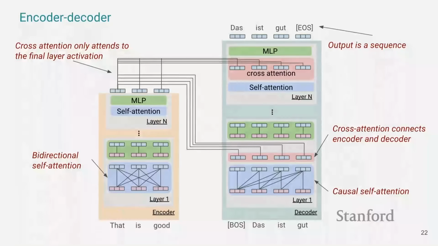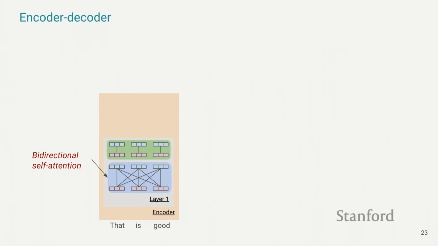So let's get into the details of the encoder-decoder, which was the original transformer. It has many, many pieces, so let's go a piece at a time, starting with the encoder. Here I'm going to show you an example of machine translation, which used to be a very cool thing. You have an English sentence, "that is good," and we're going to translate it into German.